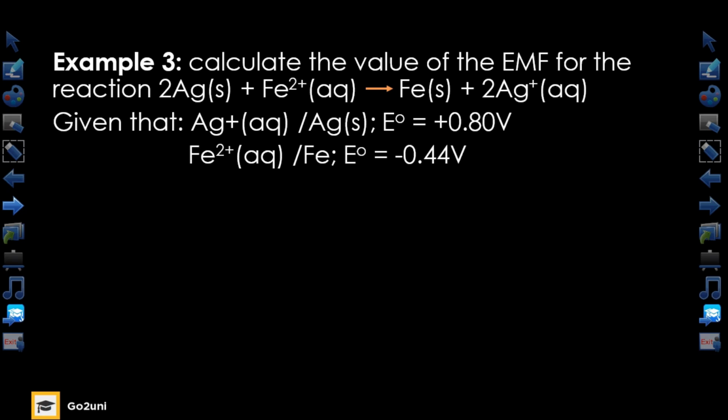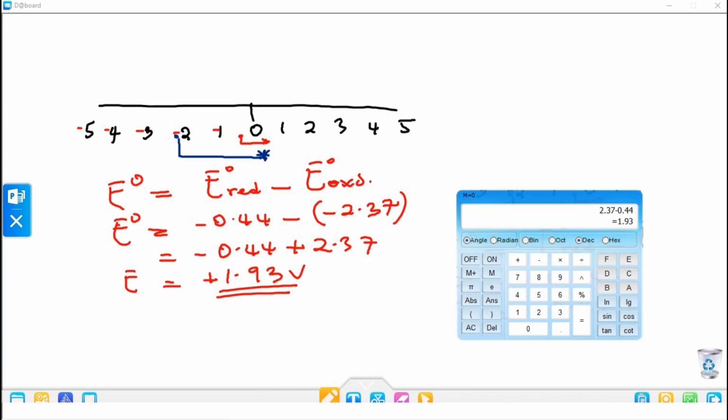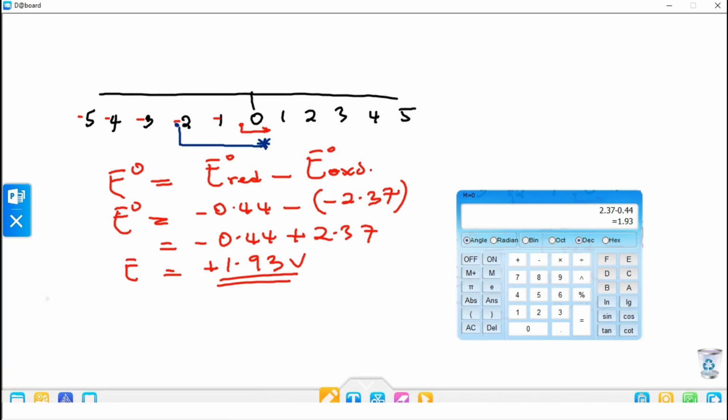But we need to consider the equation. Ordinarily, from the values given to us, silver should be the reduction potential, while iron the oxidation potential. But looking at the equation given to us, we will have to reconsider what we should do.